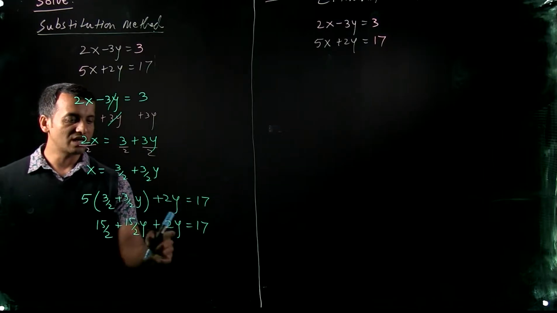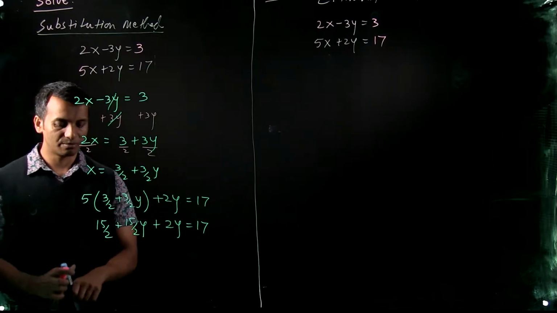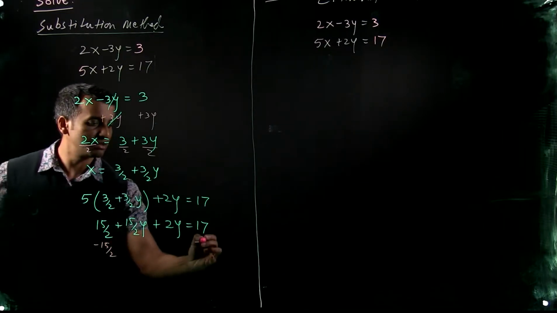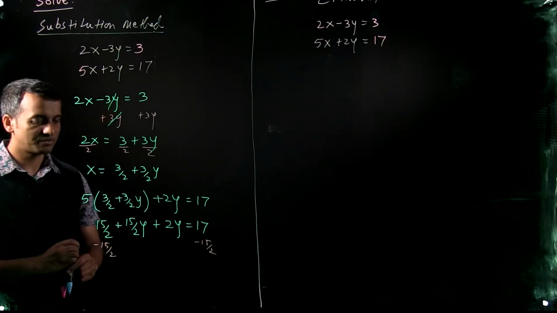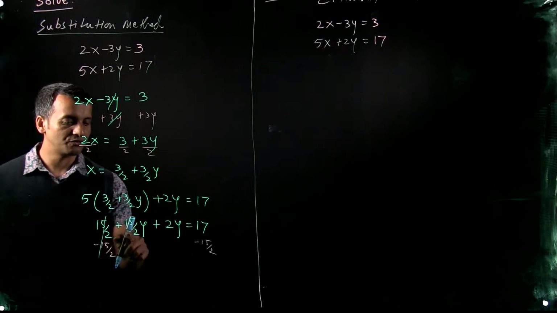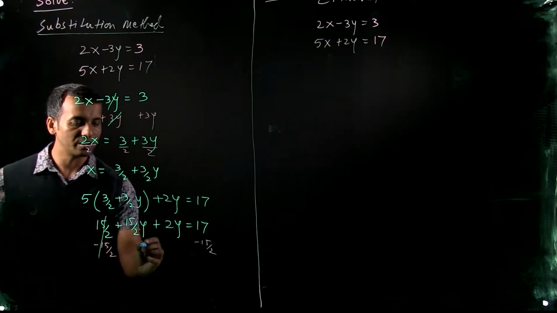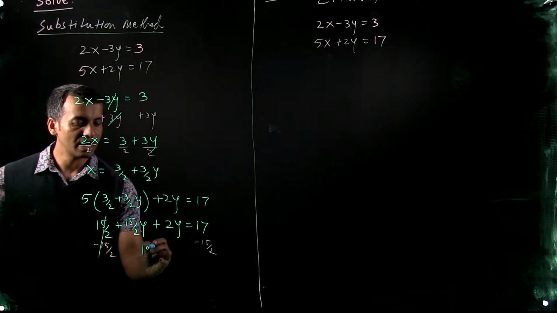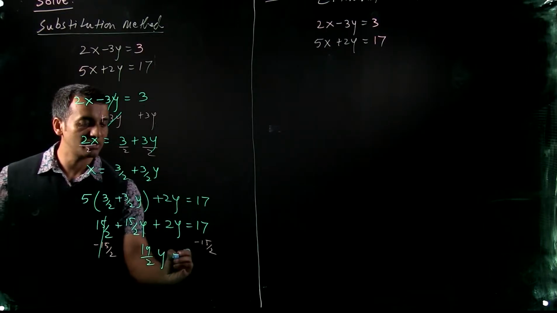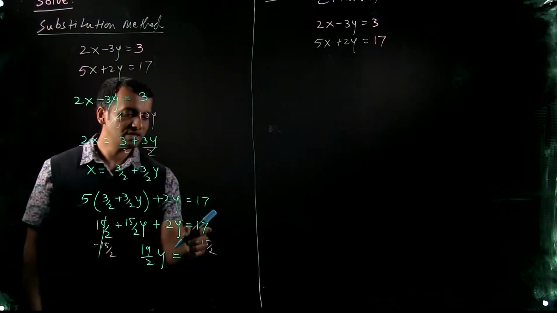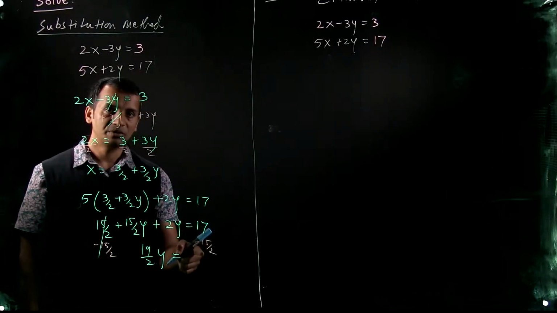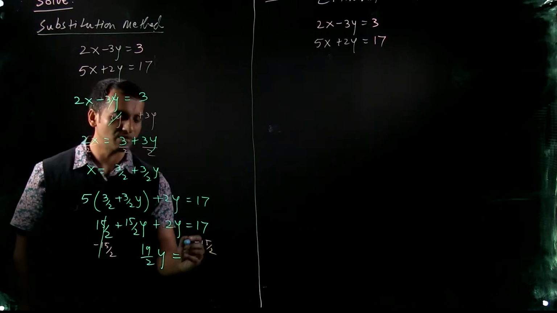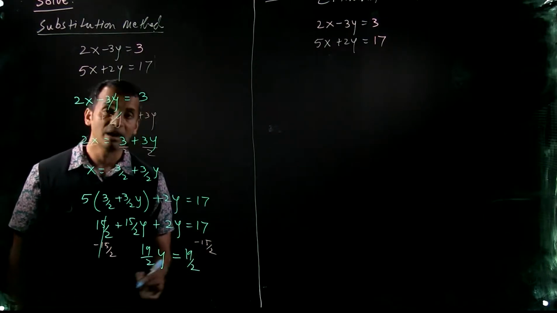So what should I do? You subtract 15/2 from both sides. So this will cancel, right? So 15/2 y plus 2y, 2 is 4/2, will be 19/2 y, equals 17 minus 15/2. 17 is basically 34/2 minus 15/2, which will be again 19/2.